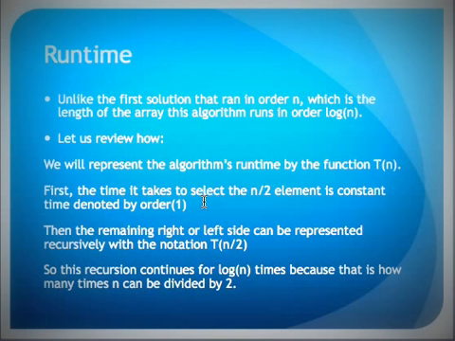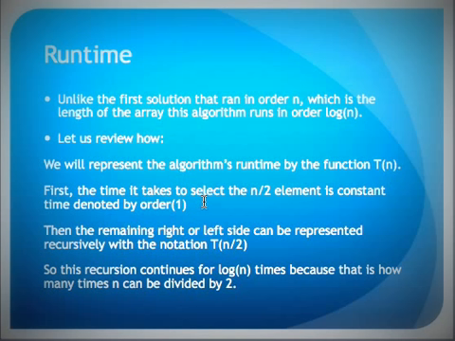So now it's order 1 plus T of n divided by 2. That could be equal to order 1 plus order 1 plus T of n divided by 4. And so now you think to yourself, how many times can I subdivide the array n? That's easy. Log base 2 of n.